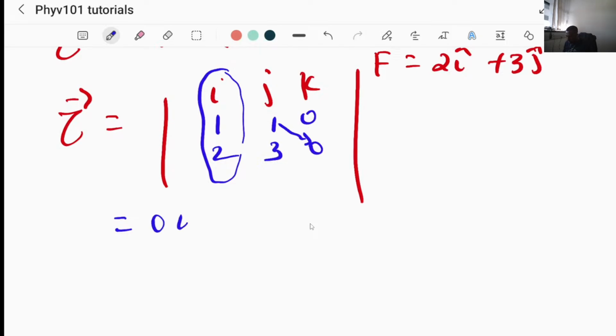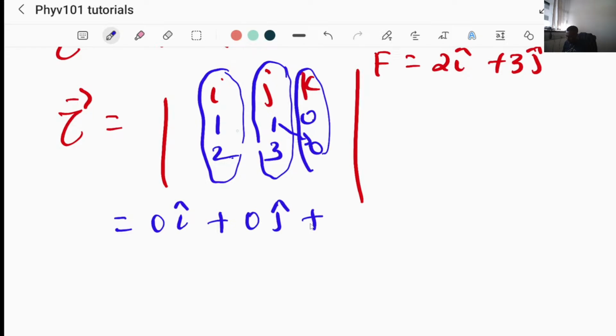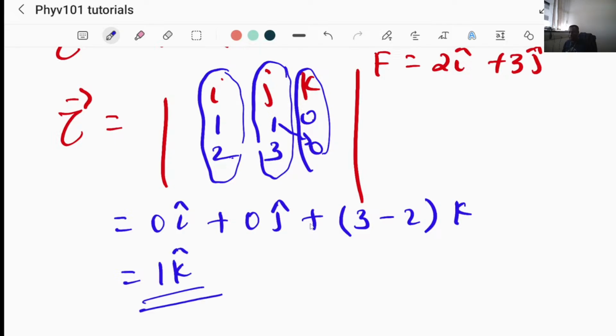I'm going to have 0 along I, plus, when I look for the J component, I start with K: 0 times 2 is 0, 1 times 0 is 0, so 0 along J. Plus, looking along K, I go 1 times 3 is 3, minus 1 times 2 is 2, along K. Therefore, the torque must be 3 minus 2, which is 1, so 1 along K. This should be the correct answer.